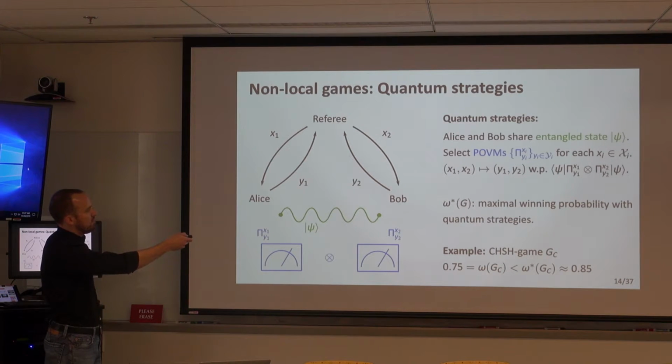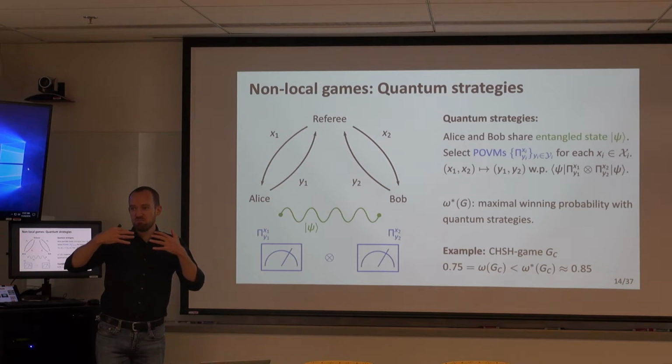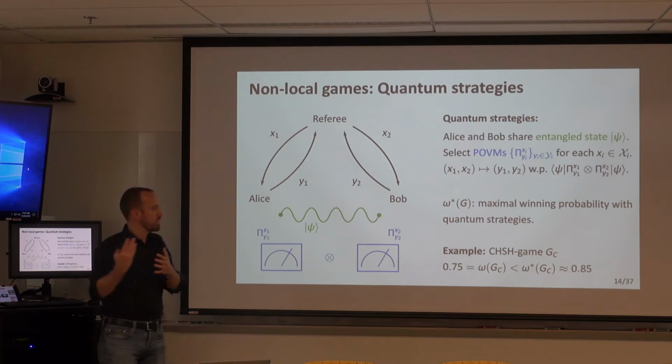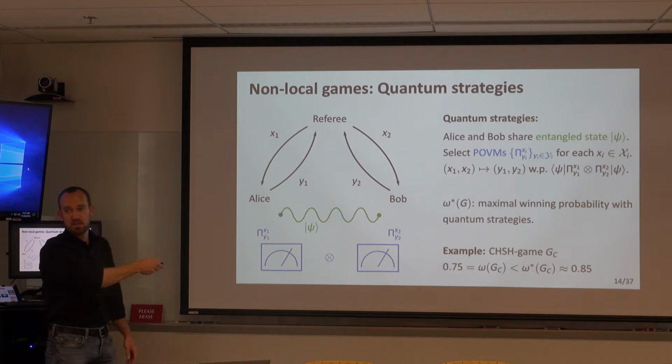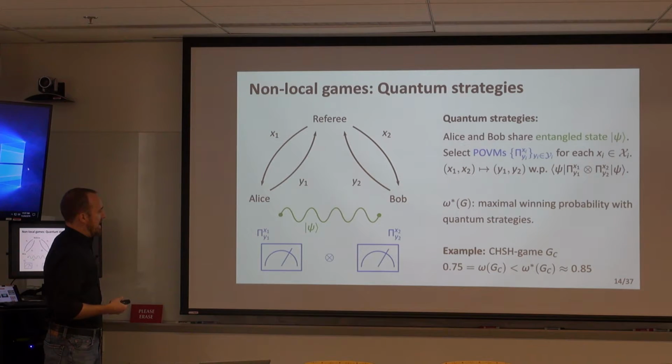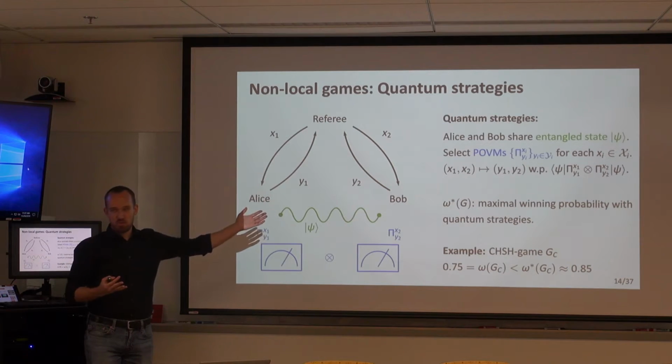Then measuring the POVM induces a probability distribution on the answers yi given xi. I hope this line here is clear. And we call omega star g the maximal winning probability using quantum strategies in this tensor product model.